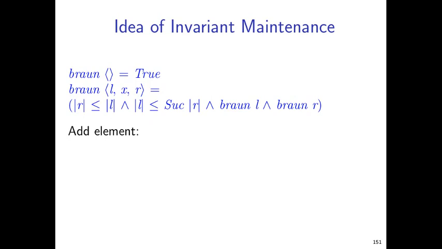Right may be bigger than left now. Yeah, there are essentially two cases: either the sizes are now equal or they differ by one. So if we insert to the right, the invariant may get violated.